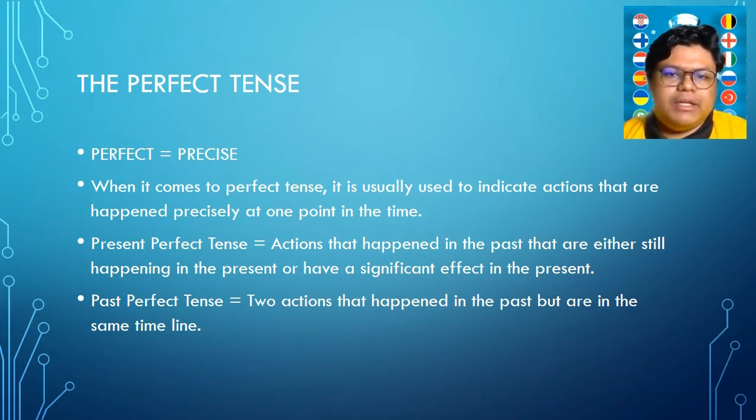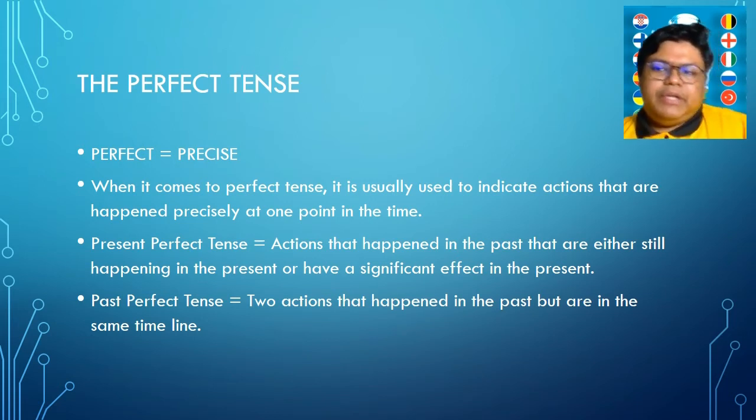Okay, it is different from past tense when the action normally happens in the past and it's also finished in the past. Tapi kalau present perfect tense, dia berlaku di masa lalu dan masih lagi berlaku sekarang ataupun ada mempunyai kesan yang ditinggalkan daripada dulu hingga sekarang. Okay, that is present perfect tense.